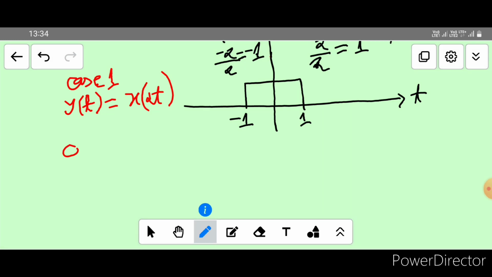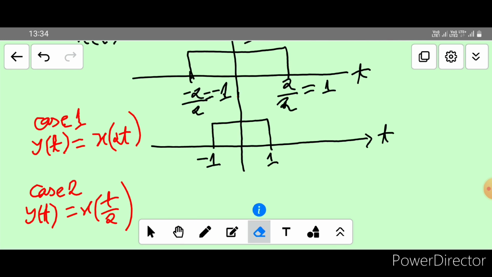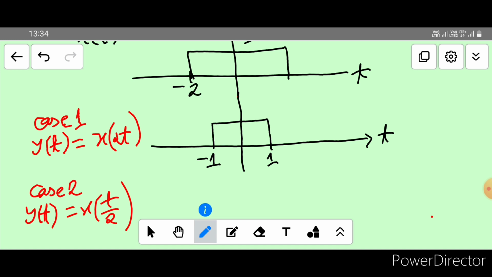Suppose in case 2, y(t) is equal to x(t/2). Then the scaling factor is 1/2, which is less than 1. So in this case, what we have to do? Let's erase the earlier example. It's defined between minus 2 and 2.